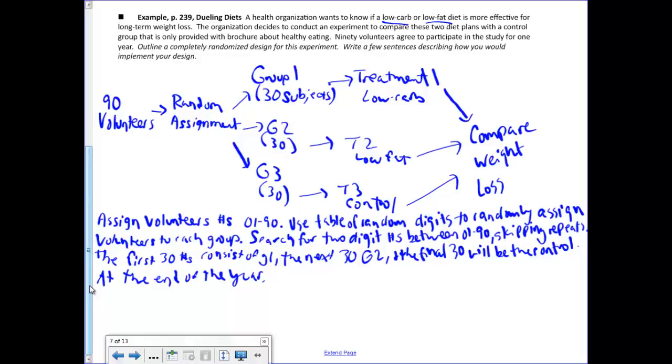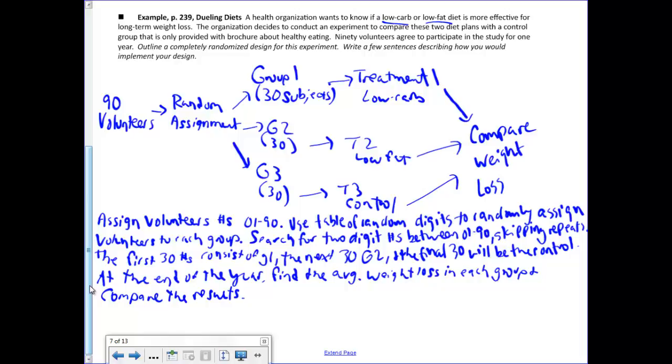We could find the average weight loss in each group, and then kind of compare from that way. At the end of the year, find the average weight loss in each group and compare the results.